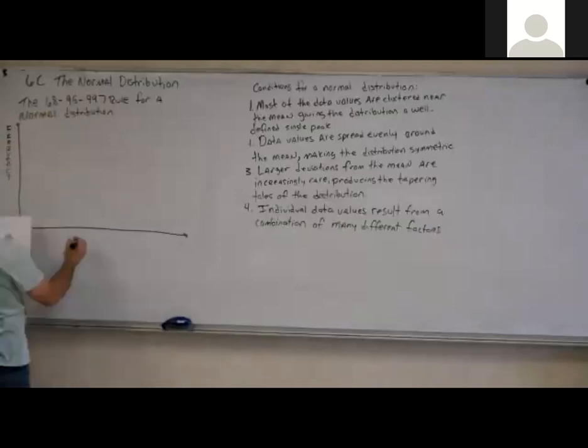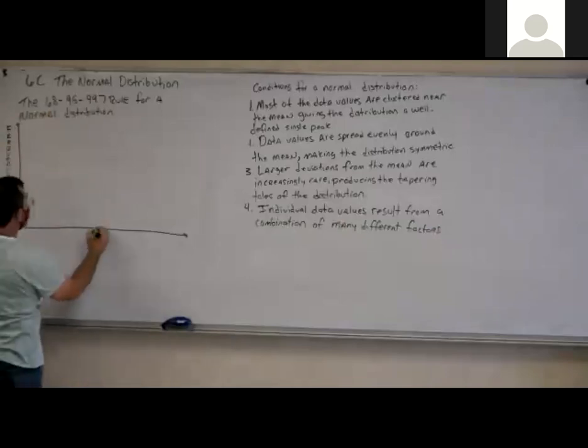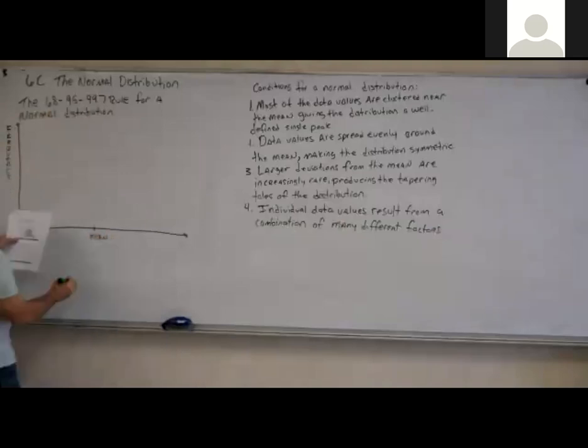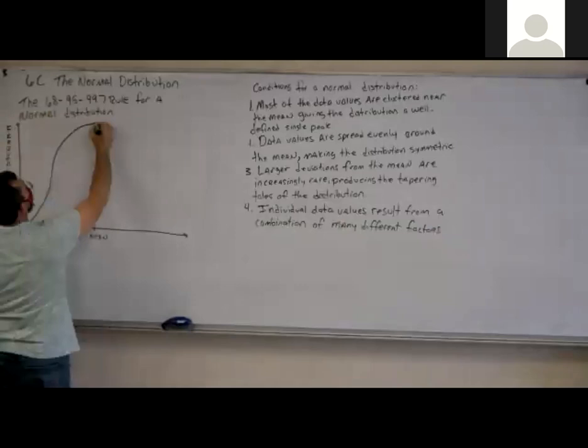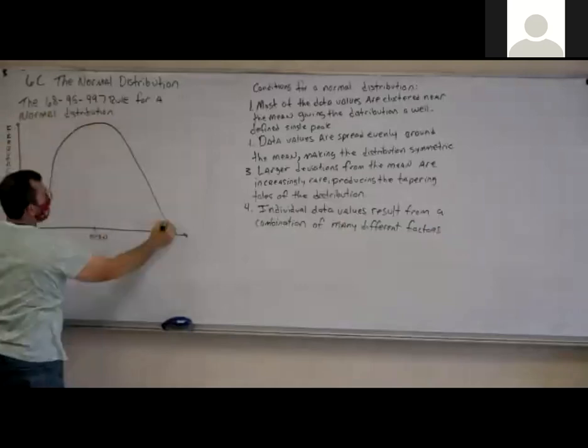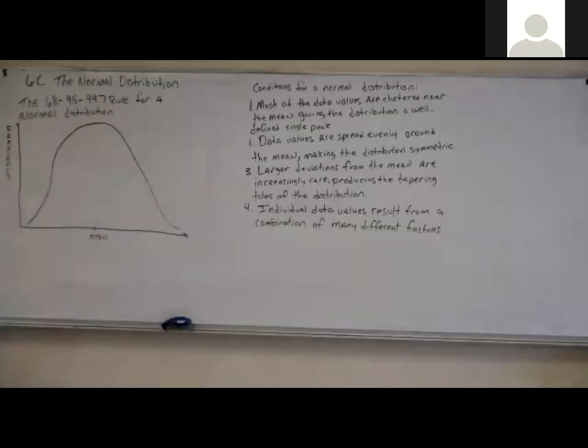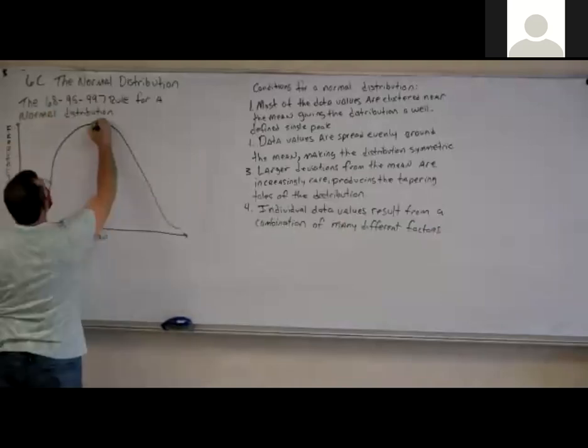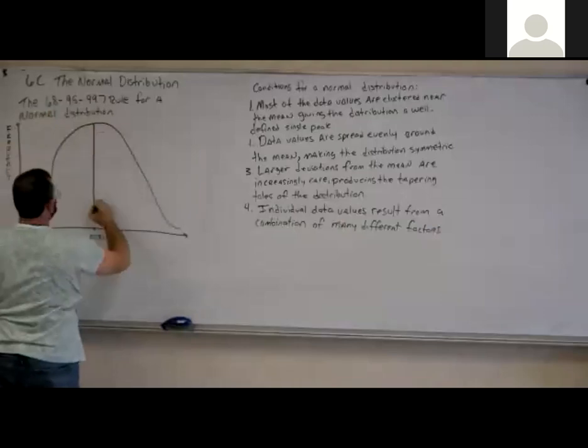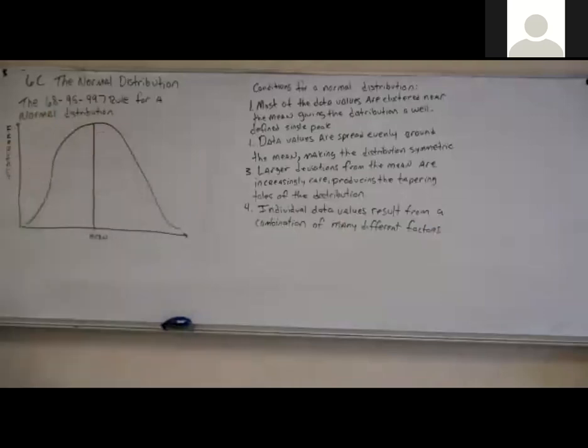So right in here in the center is going to be my mean. I'm going to try to draw that. So this bell curve sort of comes down on both sides of that mean. So your mean is going to be right in the center here. Remember, that mean is your average on that, okay?